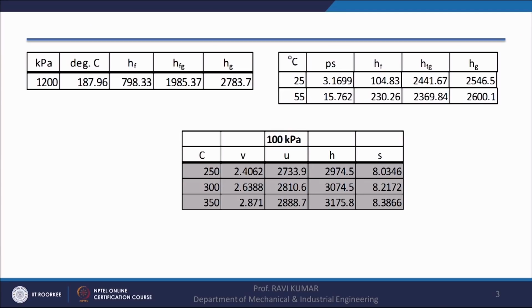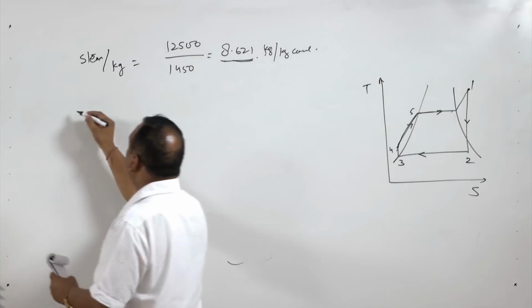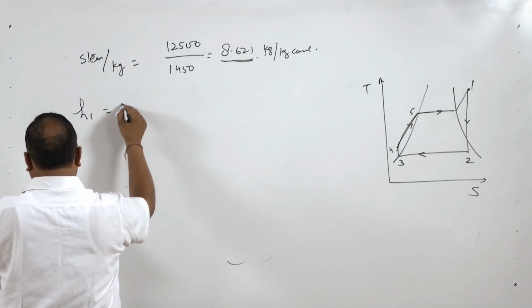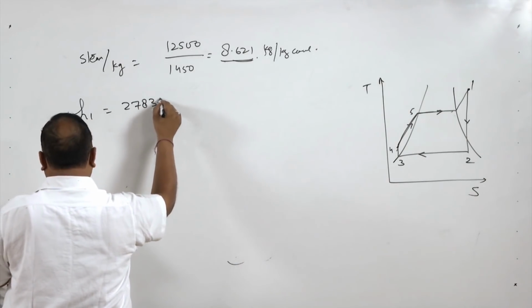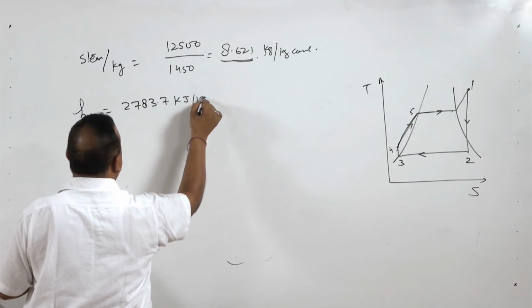So for superheated steam, we have the superheated steam table. We have the enthalpy at state 1, H1, from the steam table: 2783.7 kilojoules per kg.